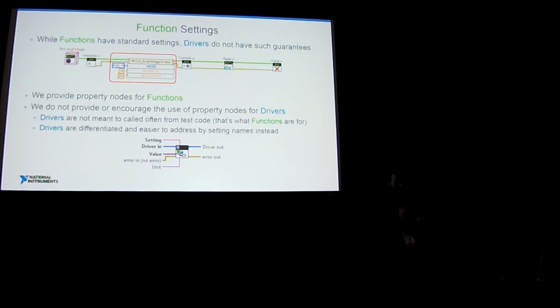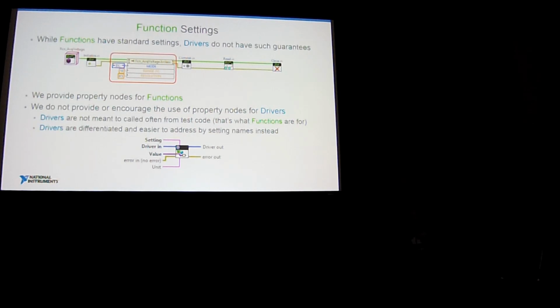So while our MAL is very standard, our HAL is not as standardized, mostly because we're trying to flex it to hardware where it is hard to anticipate what it needs to do and how it's going to accomplish it. So drivers are not meant to be accessed in a super standard way. That's what functions are for.